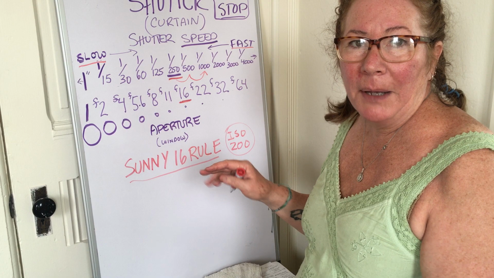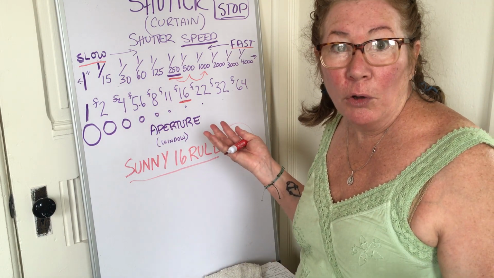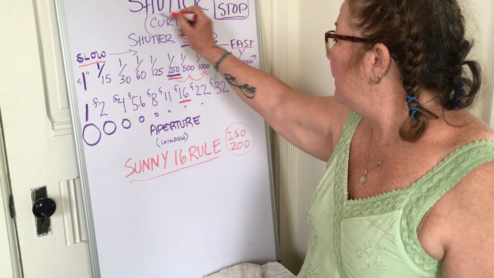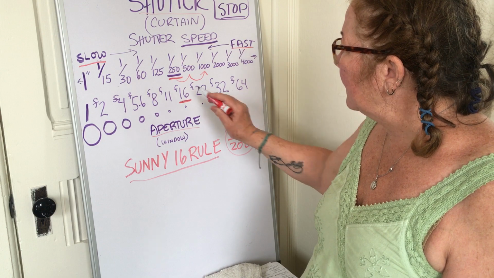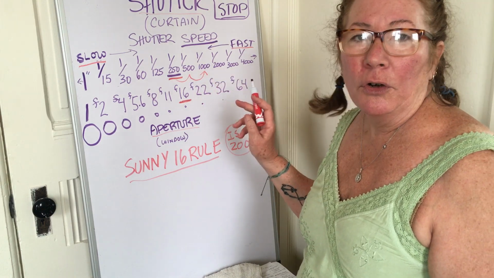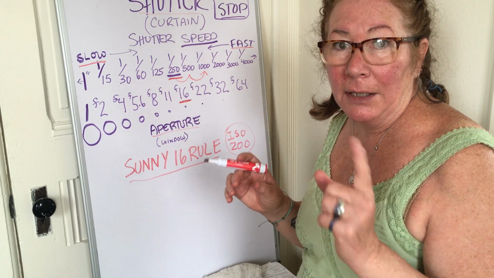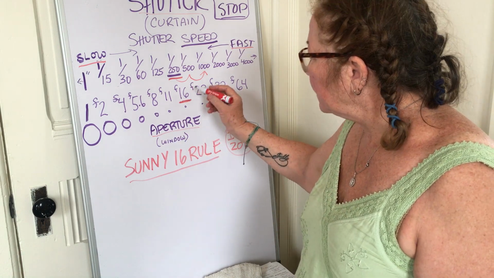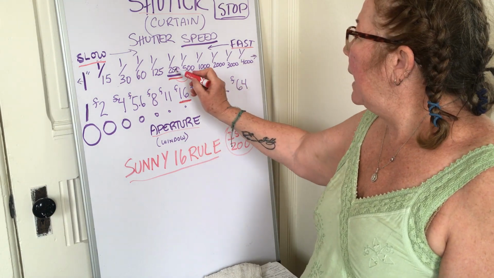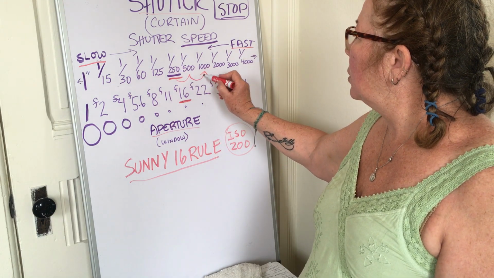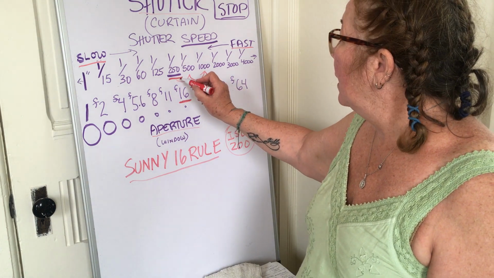Now remember we talked about the theory of reciprocity, that reciprocal relationship that the shutter and the aperture have together. And that means if you change one, in order to keep a correct exposure like we did on assignment 1, you'll need to change your aperture to compensate, because we're letting in 4 times less light, right?